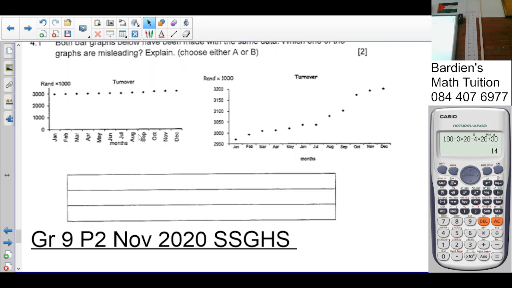You see what happens here, no? When they drew the scale, you see, that's 1,000 units apart. Each category, or each interval, is 1,000 units apart.